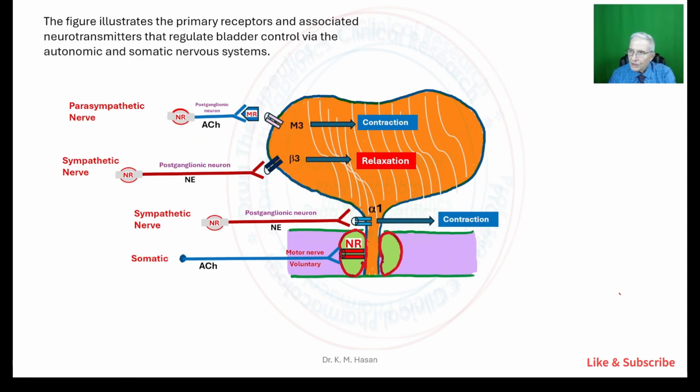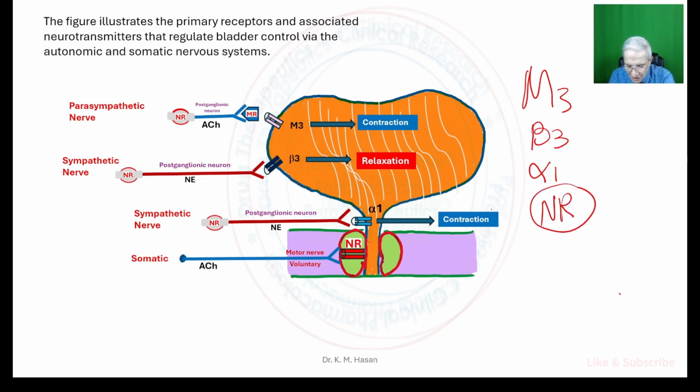Okay, to recap what we already covered in the bladder, we have four main types of receptor: the M3 receptor, the beta 3 receptor, the alpha-1 receptor, and the nicotinic receptor.